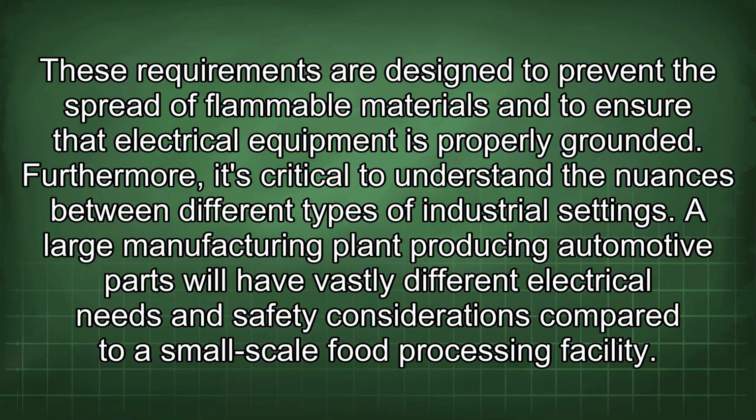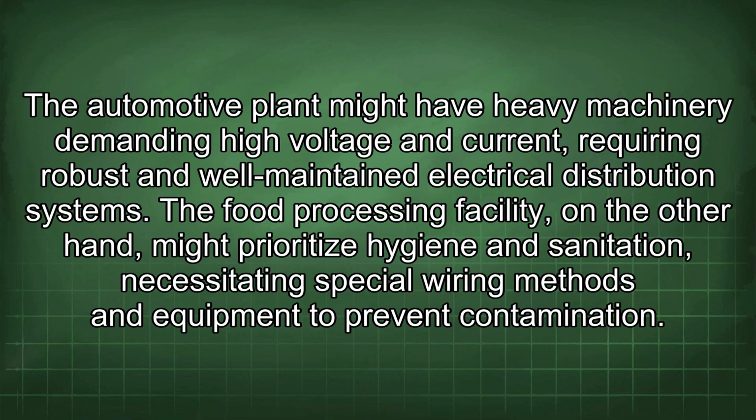Furthermore, it's critical to understand the nuances between different types of industrial settings. A large manufacturing plant producing automotive parts will have vastly different electrical needs and safety considerations compared to a small-scale food processing facility. The automotive plant might have heavy machinery demanding high voltage and current, requiring robust and well-maintained electrical distribution systems.